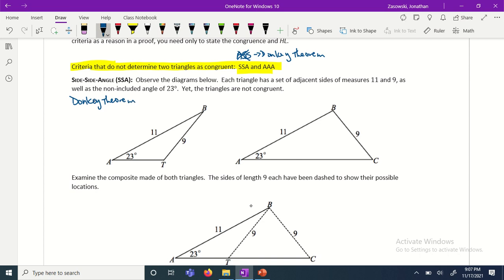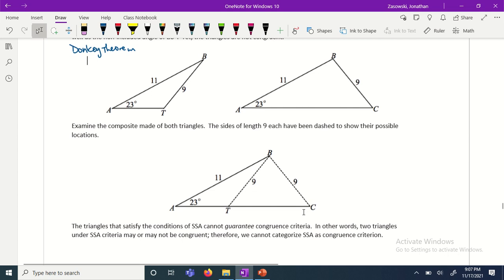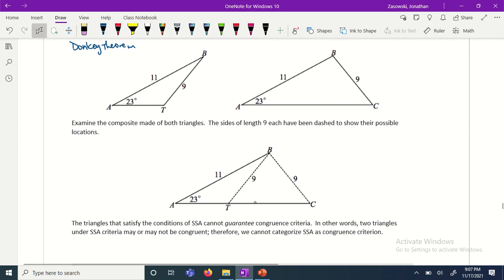Notice these two triangles both have an 11-degree angle or side, a side of 11 and 9, and a 23-degree angle in here. But they're not congruent to each other. If you put the two triangles together, this is what happens. We get this option, where this side is 9 or this side is 9.